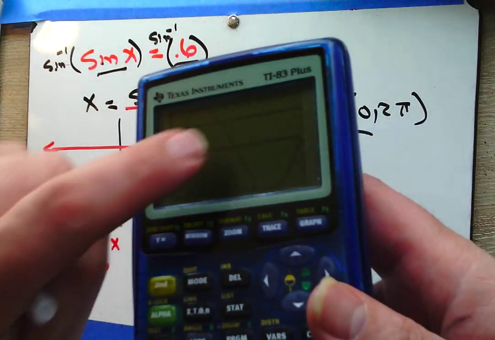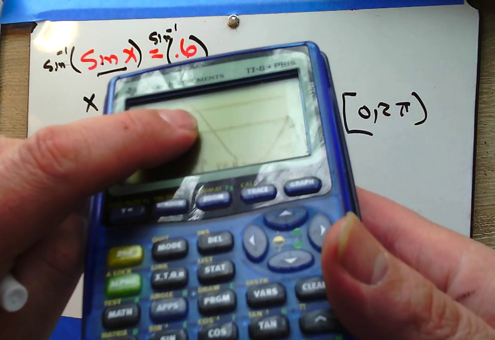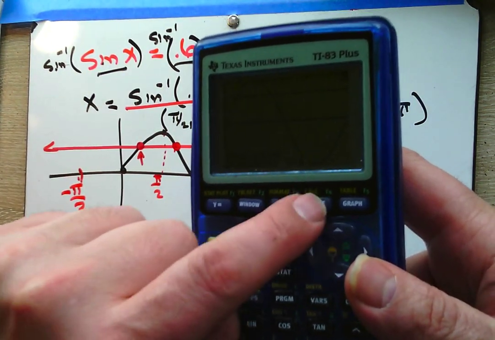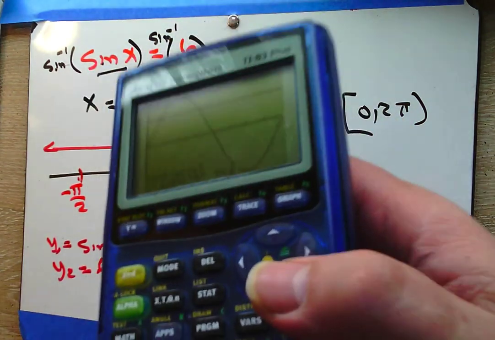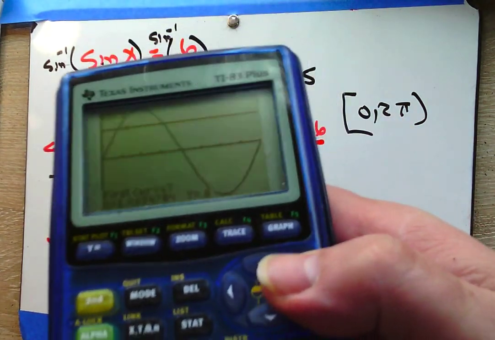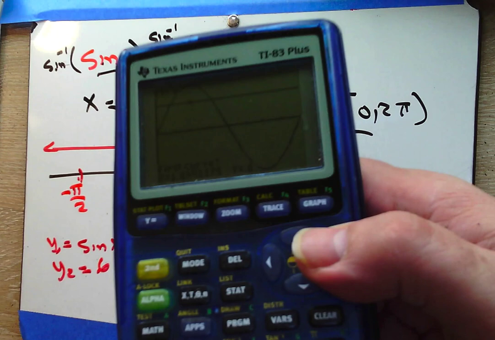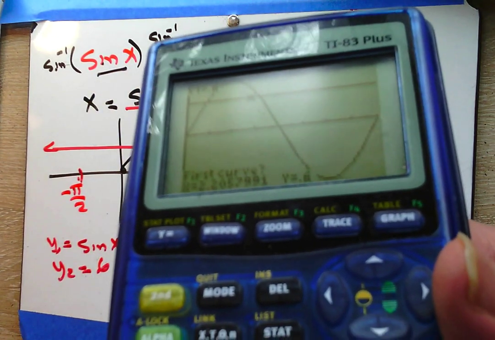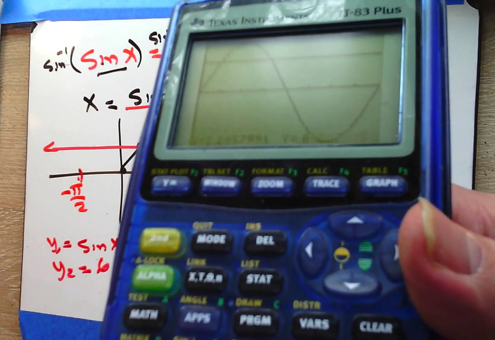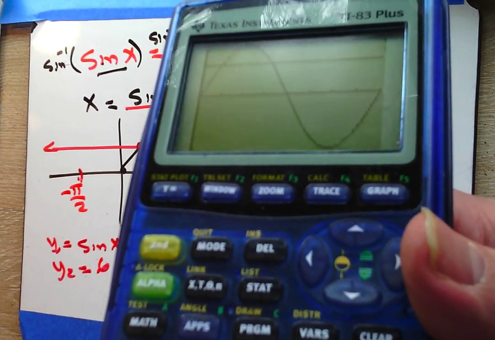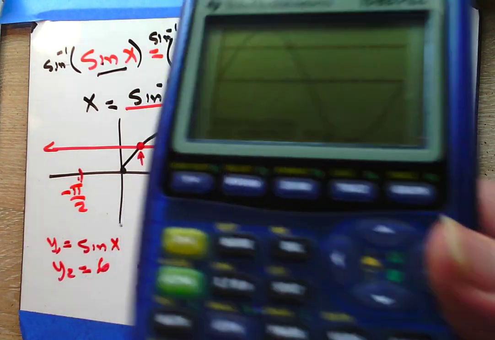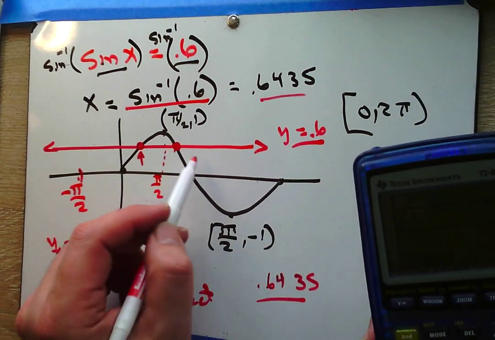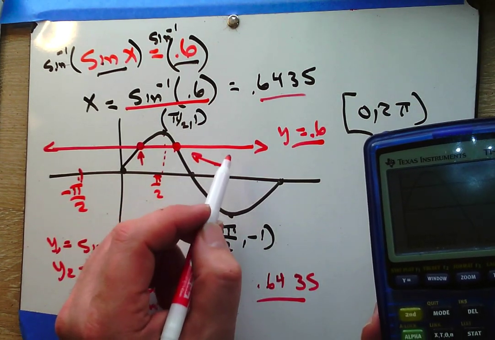Good. But now we need to find this second solution. So second, calculate, intersect, and bring your cursor close to that second point of intersection, and hit enter once, twice, thrice.